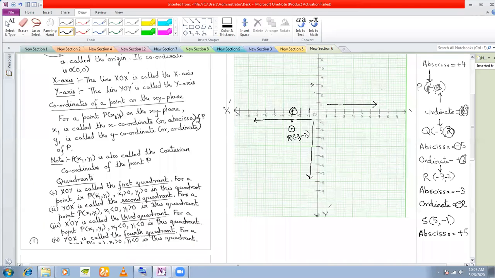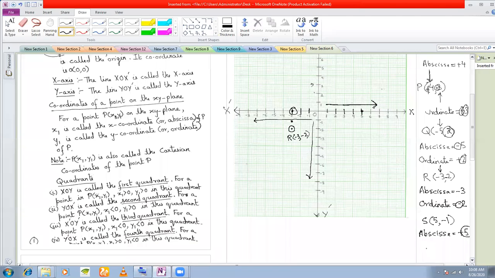This is my x-axis. We have to move from the origin in the positive direction of x. And what is the distance you have to move? You have to move 5 units. So you have 1, 2, 3, 4, 5. So we stop here after moving 5 units.